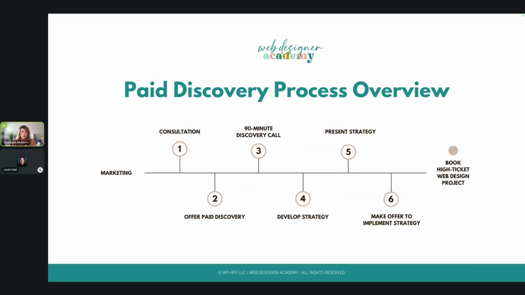Some people call it a project blueprint, whatever, but I'm going to say paid discovery for clarity purposes. Or we can do this paid discovery engagement. So here's how it works. We will go through this strategic process of discovering all the requirements, putting together a plan, all of that. And I'll deliver that strategy to you.